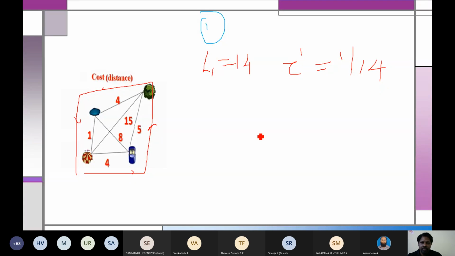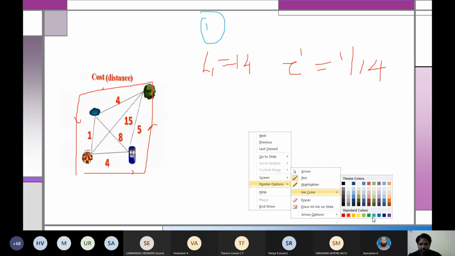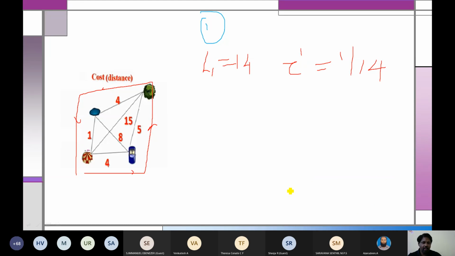I'll just put it in another color, yellow.